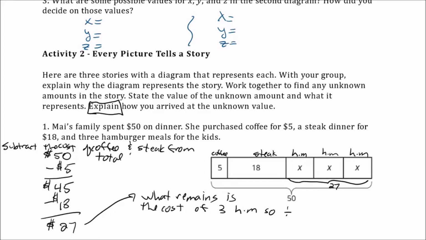So divide by 3 to get the cost of 1 hamburger meal. All right, and then say 27 divided by 3 is 9. That's a good explanation. A good mathematical explanation includes words and numbers.